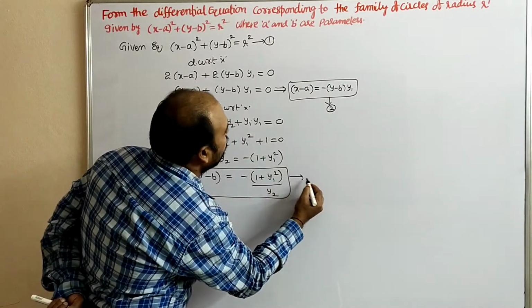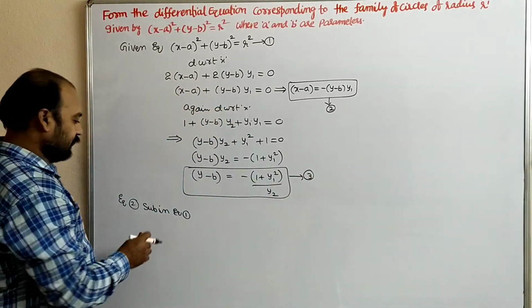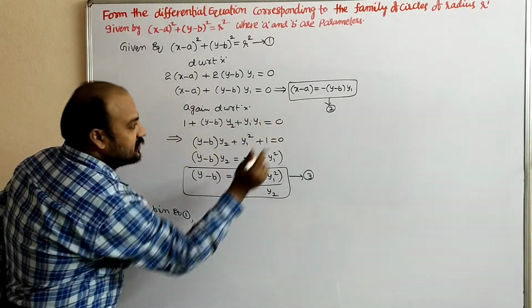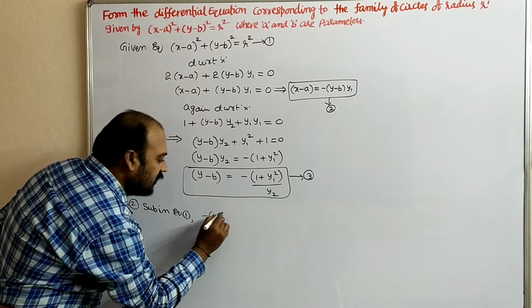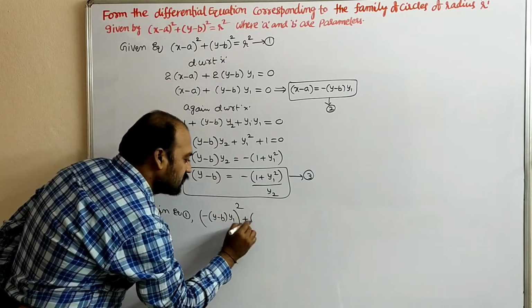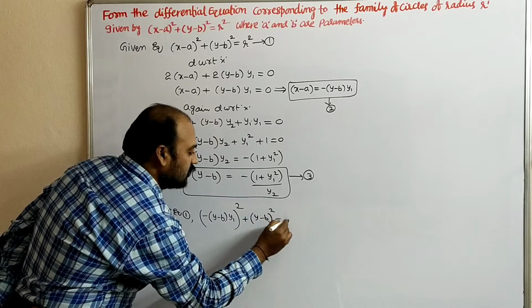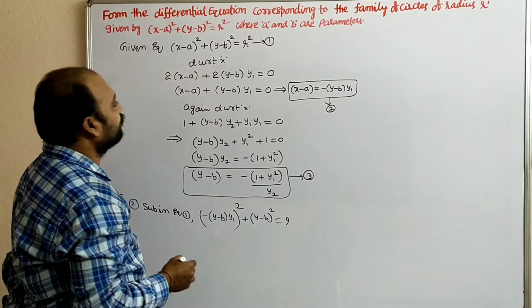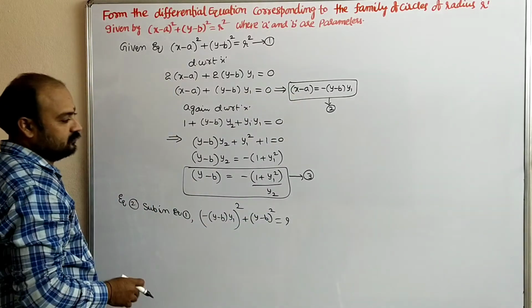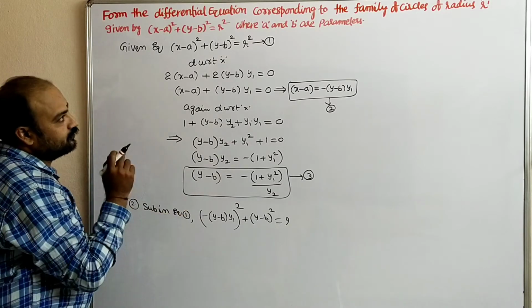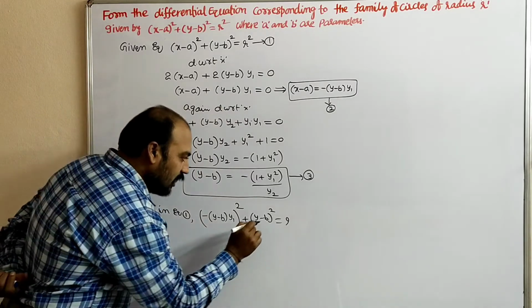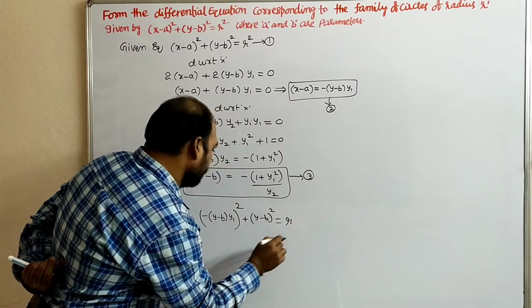In place of x minus a, this value, minus of y minus b into y1, whole square, plus y minus b whole square is equal to r square.